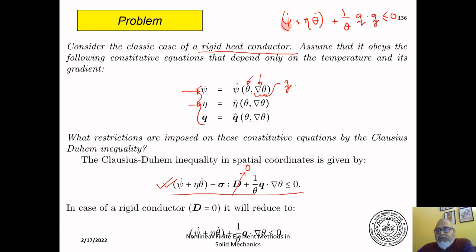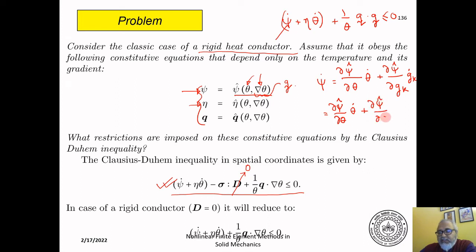Now, this is the free energy per unit deformed volume. So this free energy is given by this function. So if I calculate now psi dot, that would be del psi hat del theta times theta dot plus del psi hat del g_k times g_k dot, which can be written as del psi hat del theta theta dot plus del psi hat del g dot g dot.